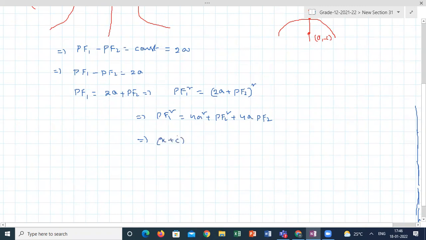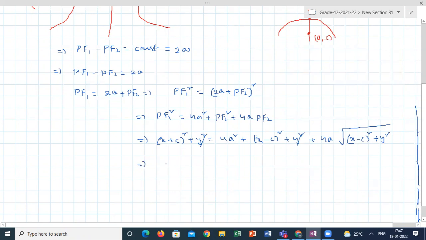This is x plus c whole square plus y square, and 4a square plus x minus c whole square plus y square, plus 4a root of x minus c whole square plus y square. Y square is cancelled, correct? X square and c square also we can cancel.